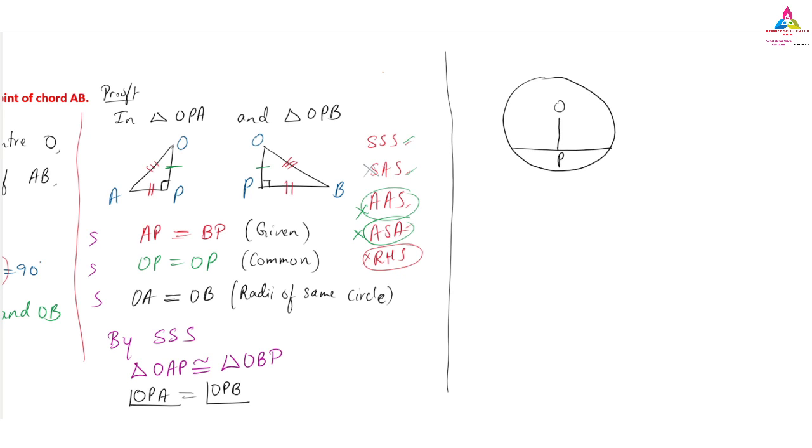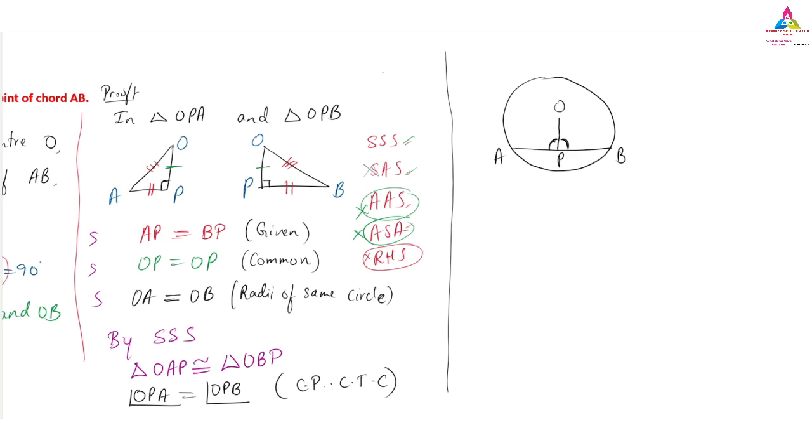So OP is here, this is A, B is here. We have proved this angle and this angle are equal because of CPCTC, corresponding parts of congruent triangles are congruent. Now we have to prove this angle is 90 degrees because they have told us to prove the perpendicular. So it is not the end.